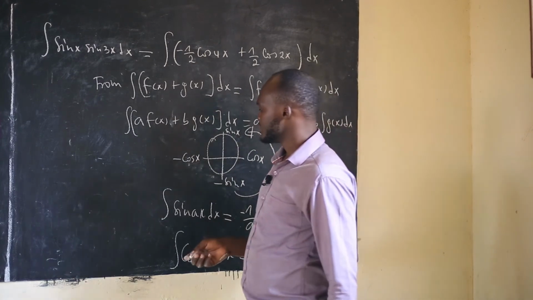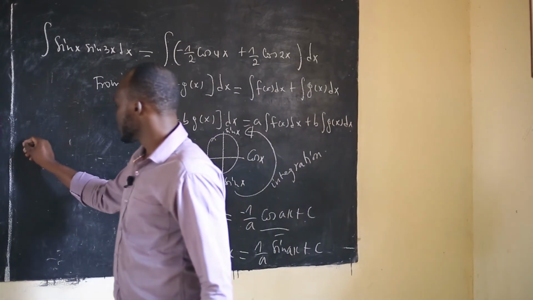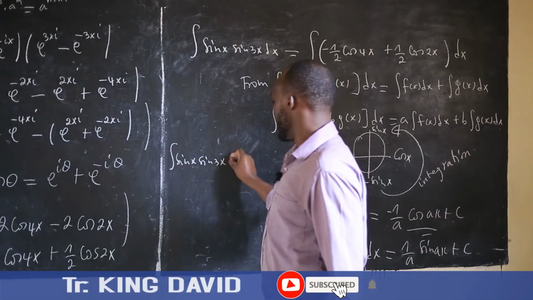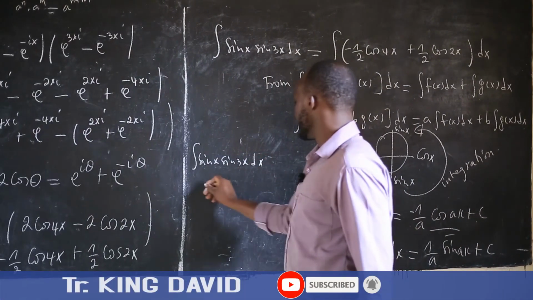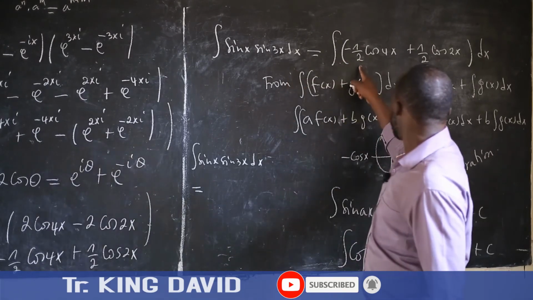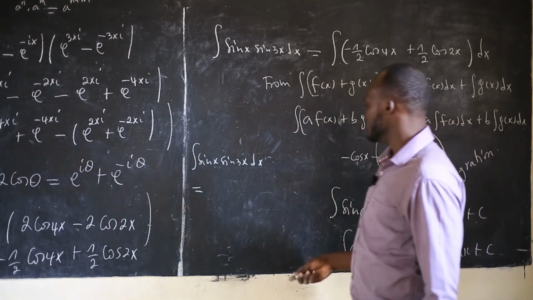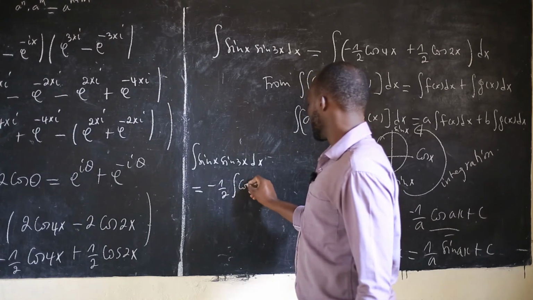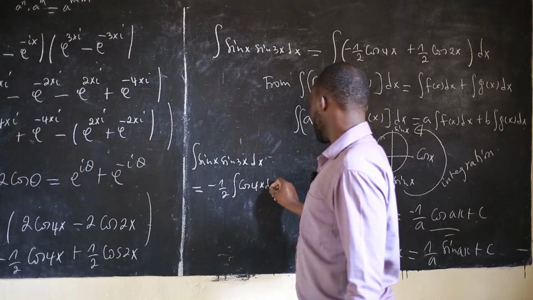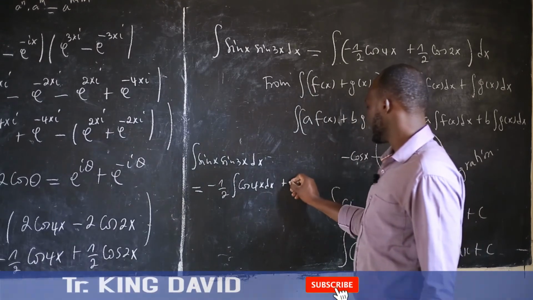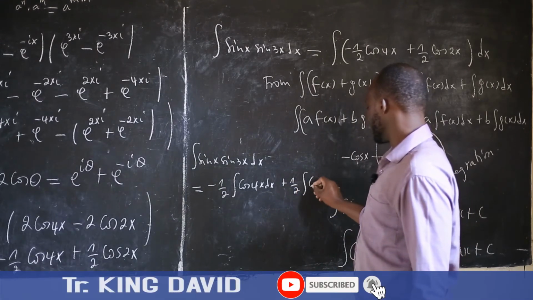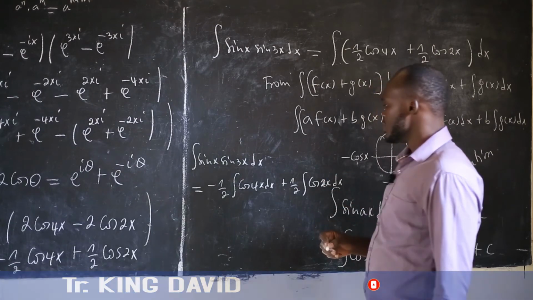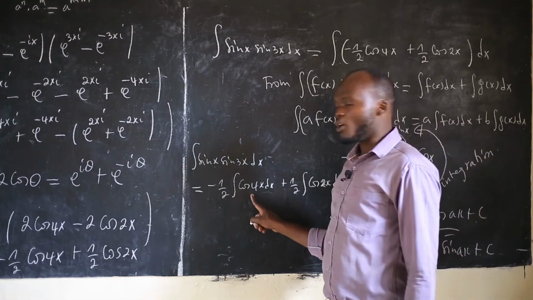So the integration of sine x sine 3x dx, I'm going to do integration of this: negative half integration of cos 4x dx plus a half integration of cos 2x dx. Now, what is integration of cos?